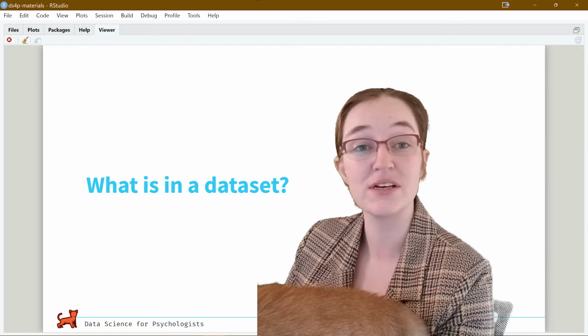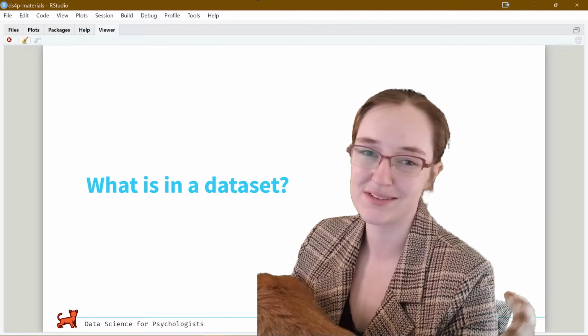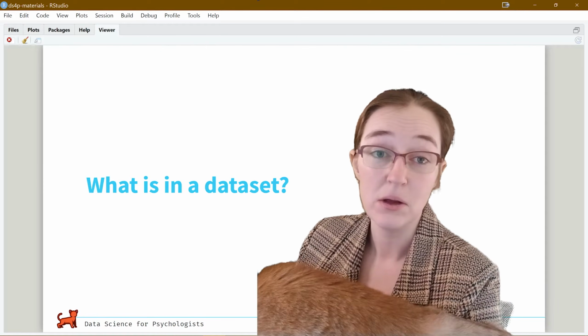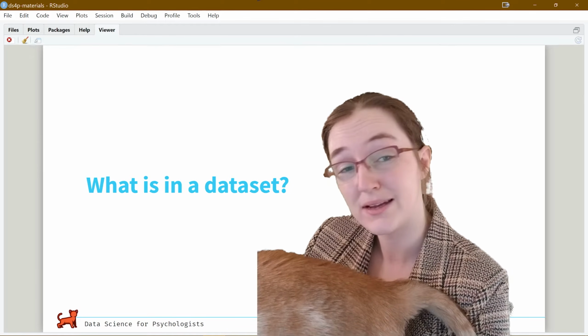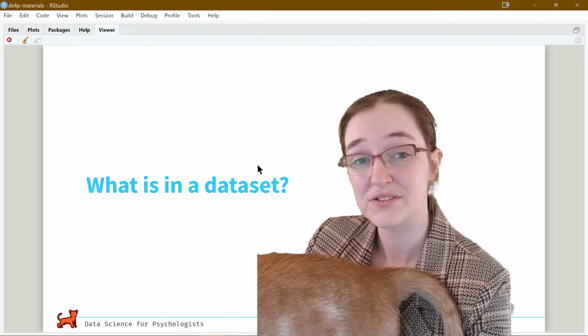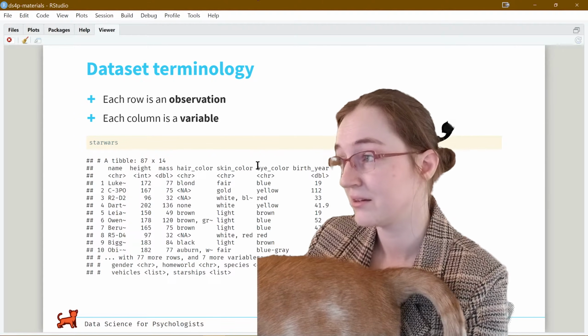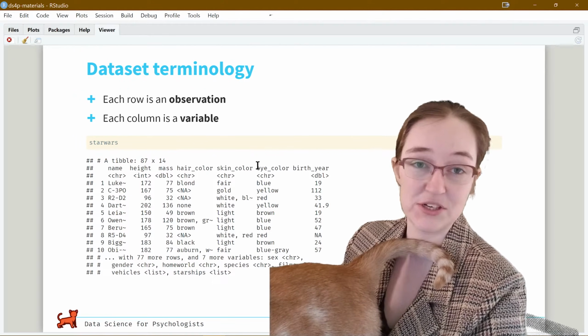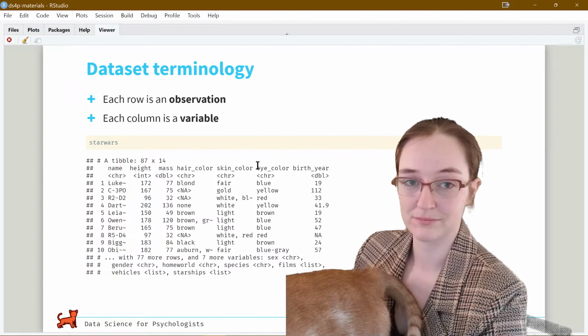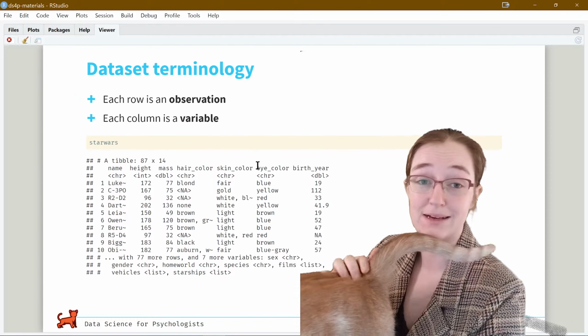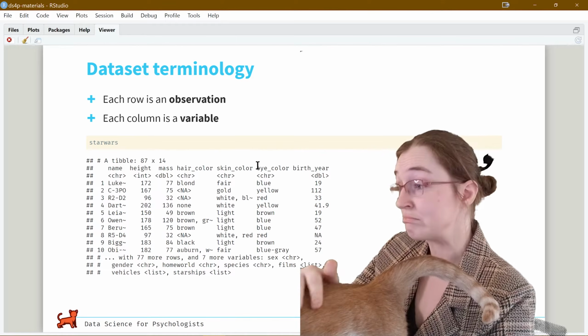Alright, well, what is the data set? I know some of this is going to be like, really? But I want to at least cover it so that we're all on the same page. Alright, so here's some common terminology that we are going to be using.